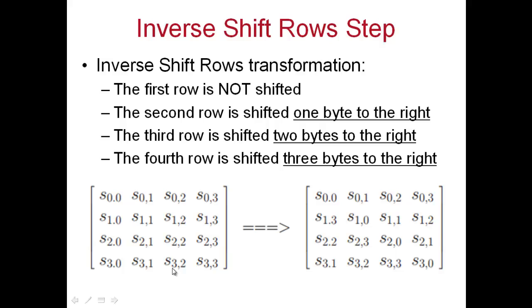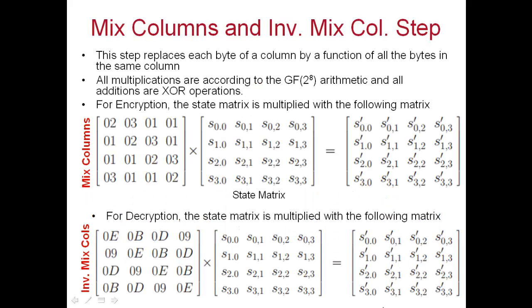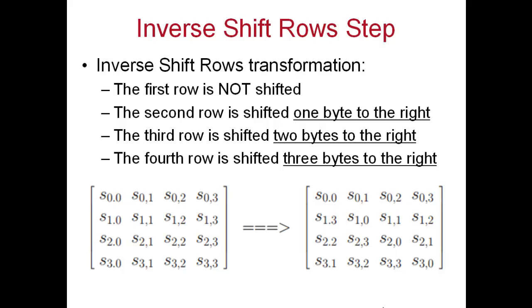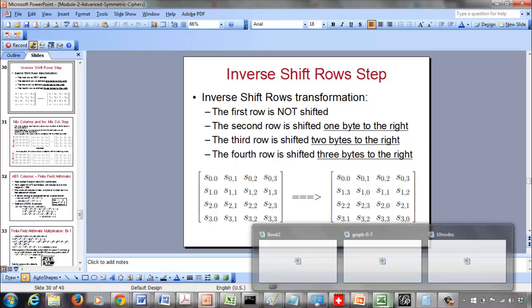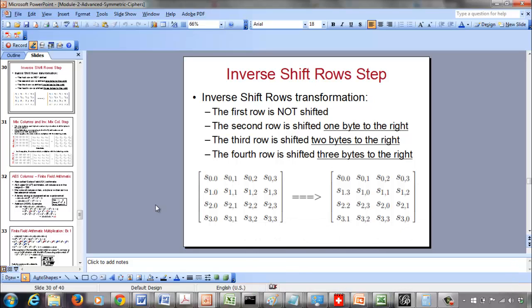S31 shifted 3 bytes to the right, 1, 2, 3 bytes. S32, 3 bytes, 1, 2, 3 comes here. S33, 3 bytes to the right, wraps around and comes here. So that's the inverse shift row step.